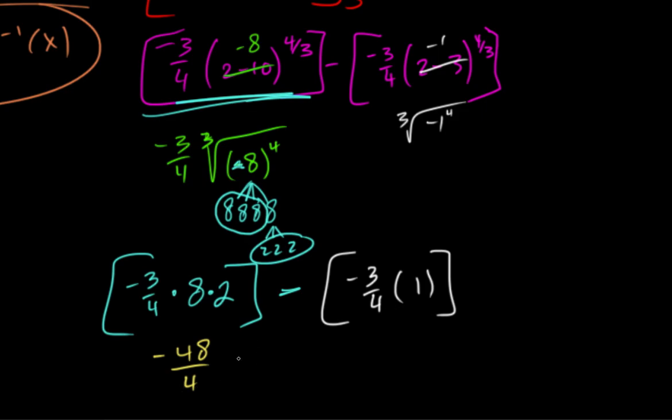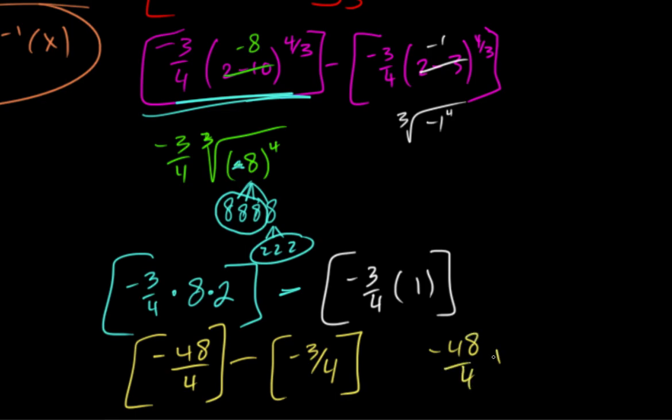I'm going to keep it like that because it's going to be beneficial over here. And then that's negative 3/4. So these negatives combine to make a positive, and that's going to be negative 45 fourths.